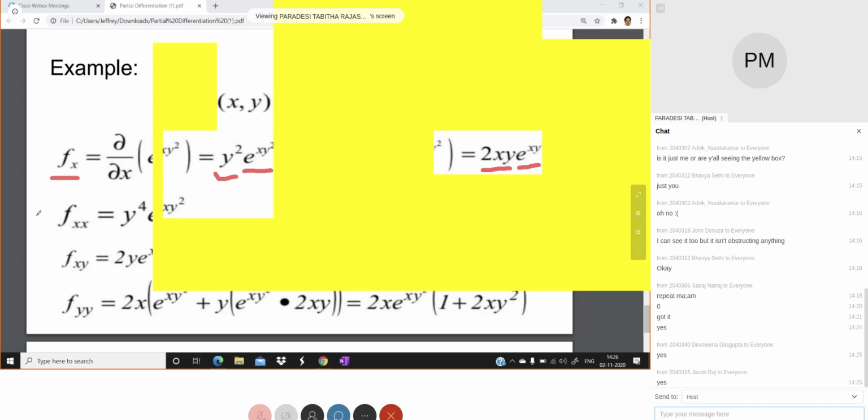Now we need to check what fxx and fyy are. Go to fx and differentiate it one more time with respect to x. The exponential function's derivative is the exponential function, and the derivative of xy square with respect to x gives another y square ahead, so it becomes y power 4.